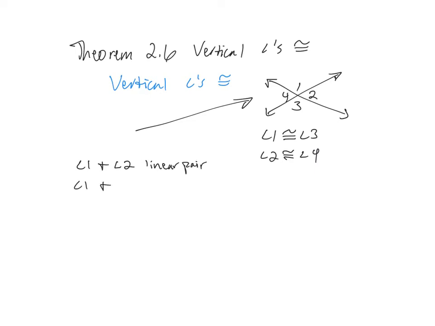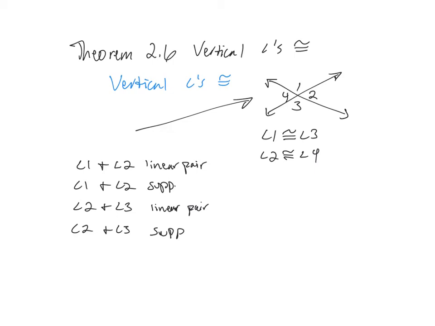Therefore, angle 1 and angle 2 are supplementary because of the linear pair postulate. I could say that angle 2 and angle 3 are a linear pair. Therefore, angle 2 and angle 3 are supplementary. Definition of a linear pair.